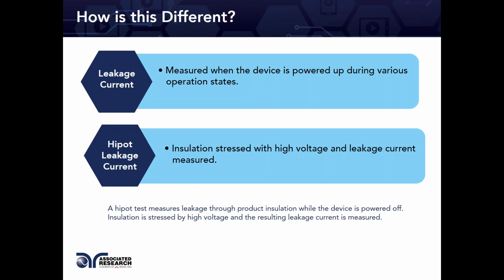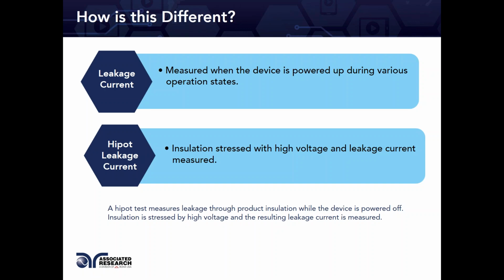So once again, it's very important to be able to differentiate between the leakage current that we're talking about today and the high pot leakage current that we've mostly been used to hearing about. During a high pot test, the insulation is stressed with high voltage, the leakage current is measured, and a pass-fail condition is determined based on the high and the low limits.